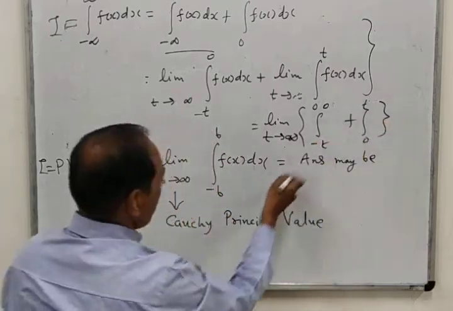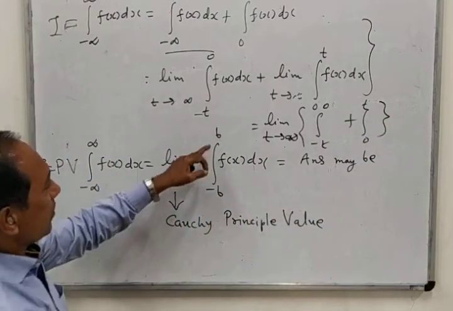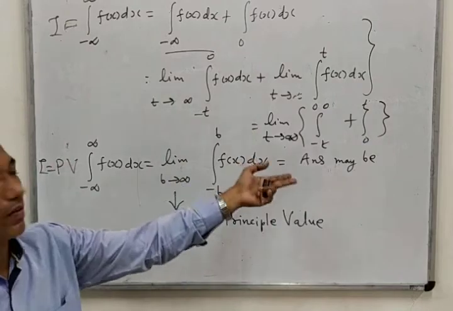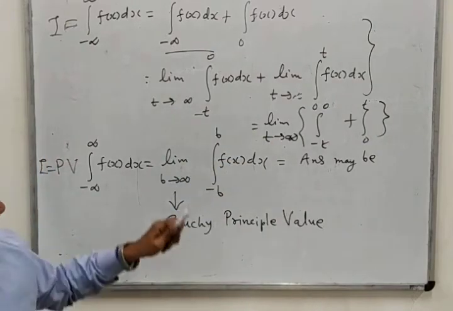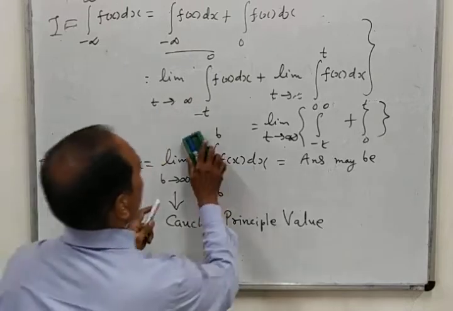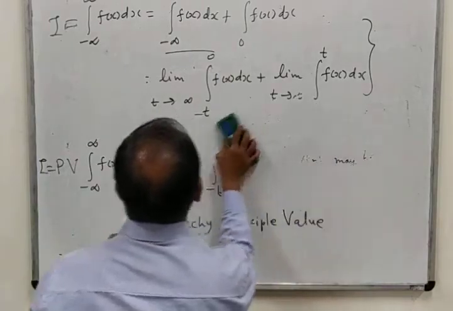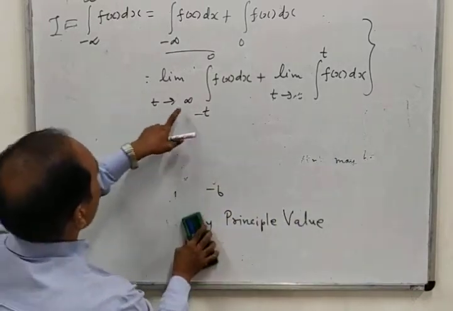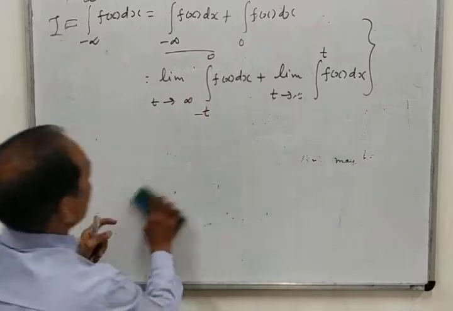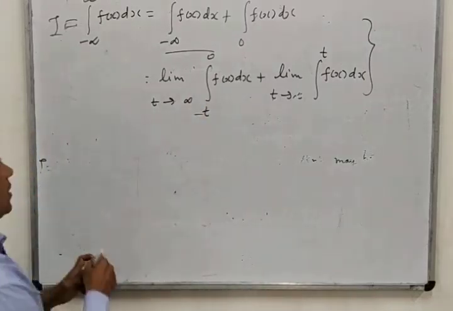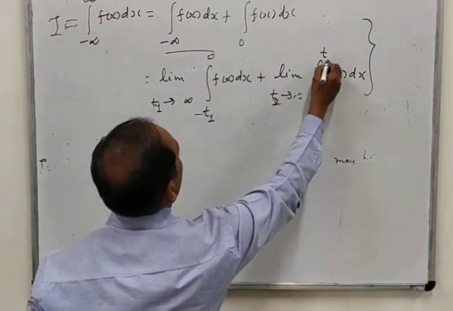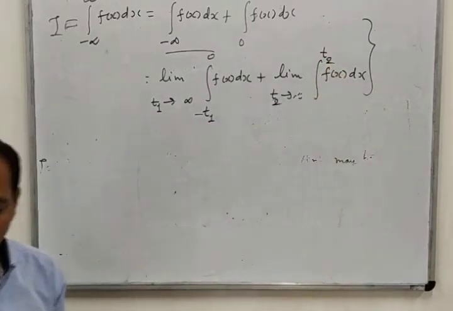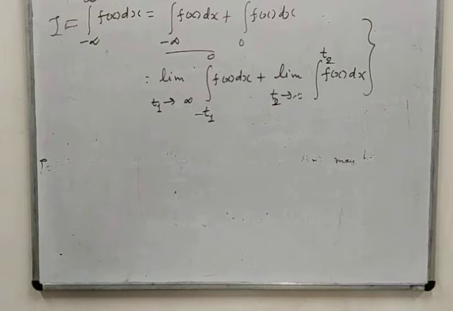So this is the same thing. Minus b to b. This is the same thing. No difference is there. So always try to practice writing this as t tends to minus infinity and this as t tends to infinity. Otherwise you can also use this as t1 and this as t2. So there is no confusion.